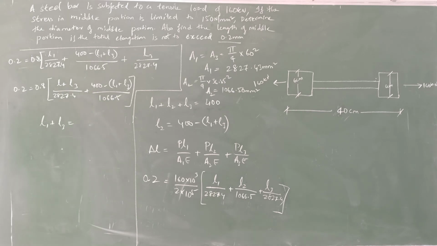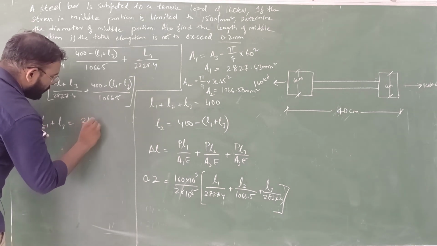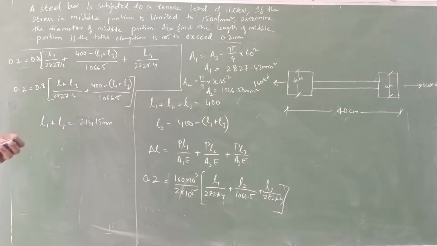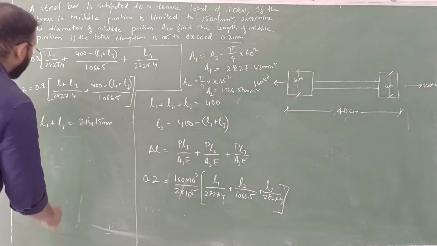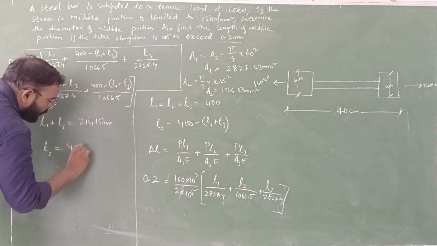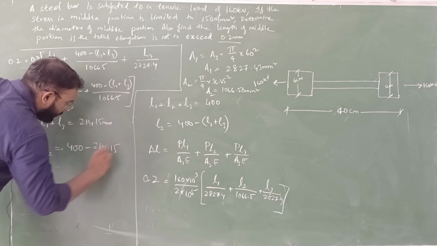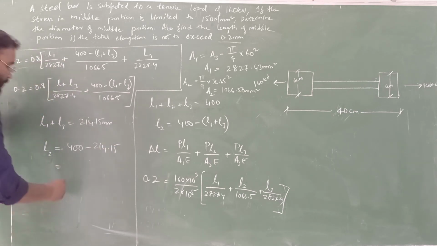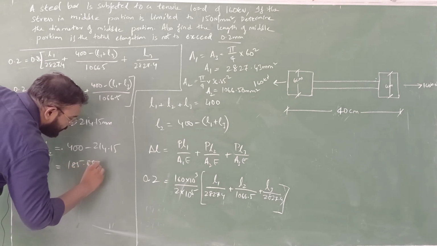L1 plus L3 is equal to 214.15 millimeters. Now L2 will be equal to 400 minus 214.15. Tell me what is the answer? 185.85 millimeters.